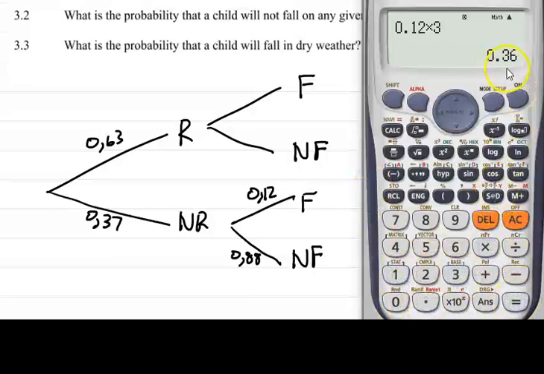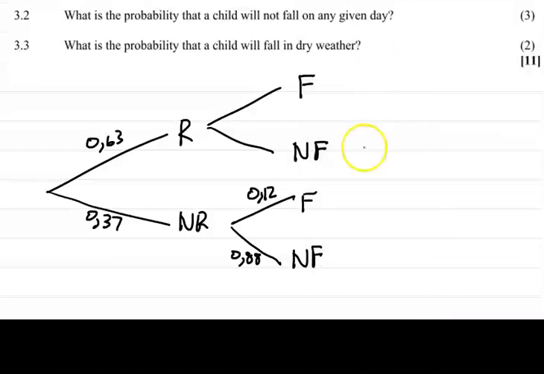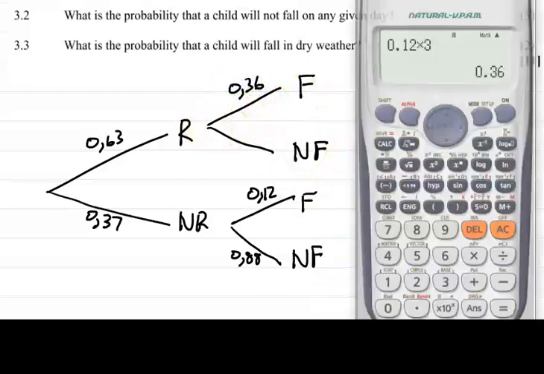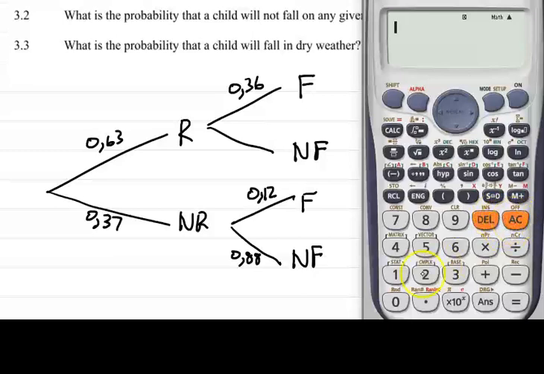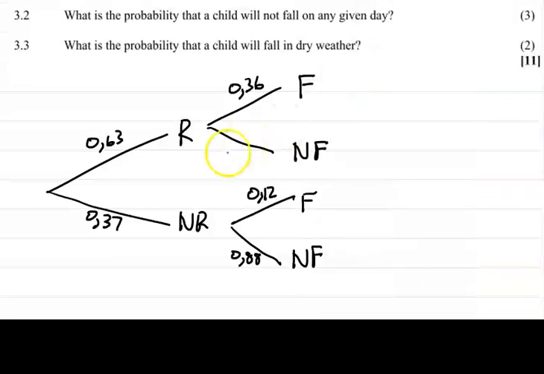So therefore, that's going to be 0.36. So therefore, this child will have a 36% chance of falling in rainy weather. Therefore, not falling will be 1 minus 0.36, which is equal to 0.64, which is a 64% chance of not falling.